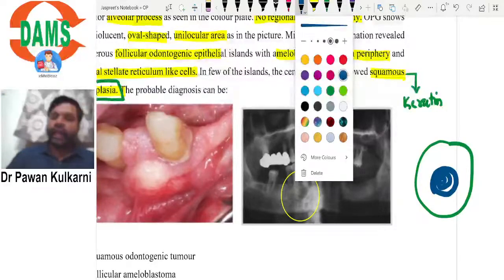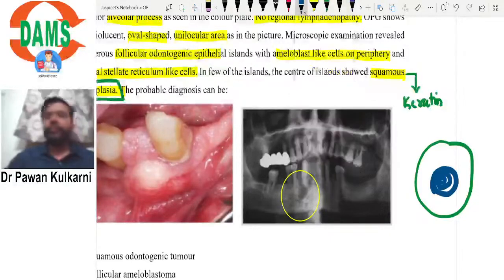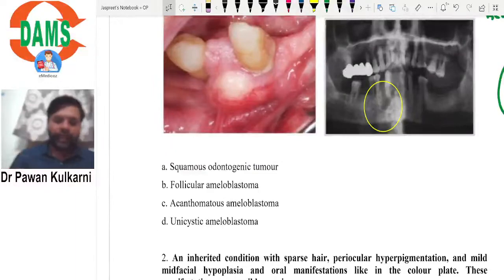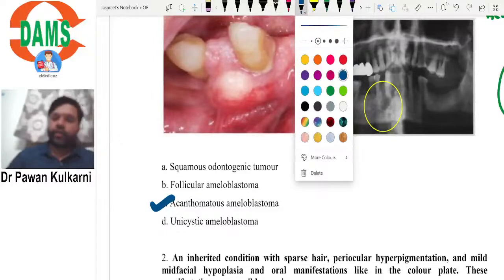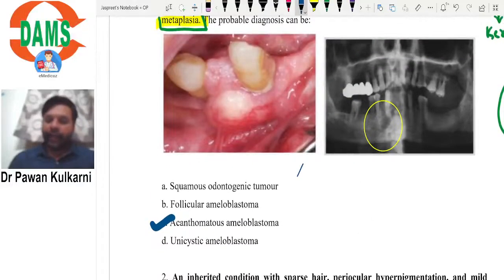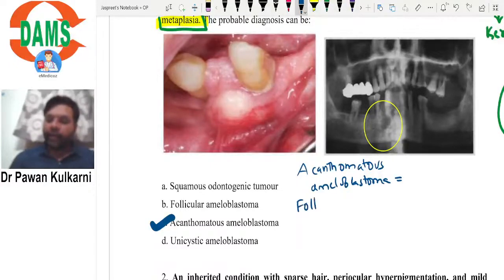So whenever you see keratin within odontogenic islands, the first thing you should suspect is acanthomatous ameloblastoma. Acanthomatous ameloblastoma is equal to follicular ameloblastoma plus squamous metaplasia of stellate reticulum like cells.